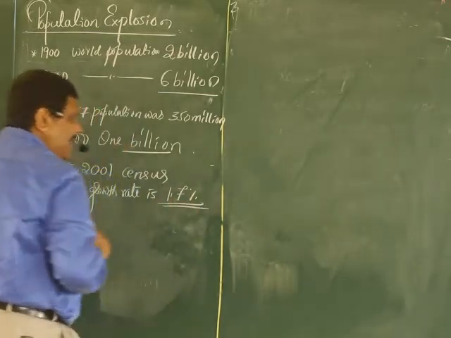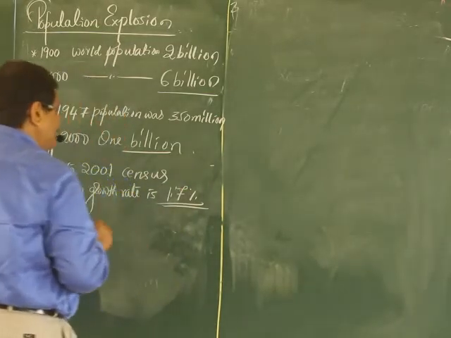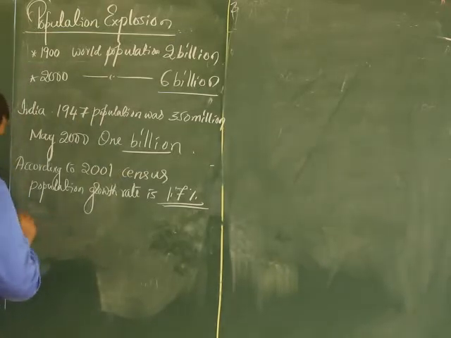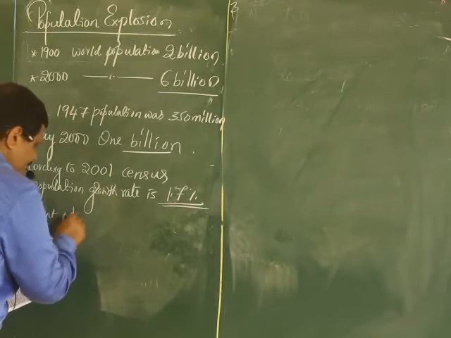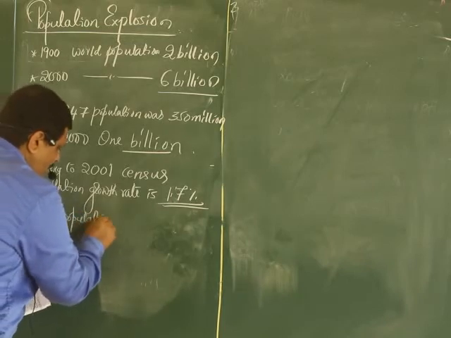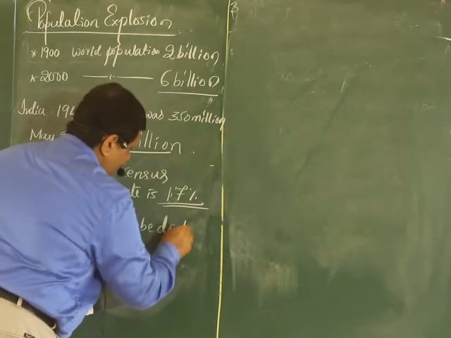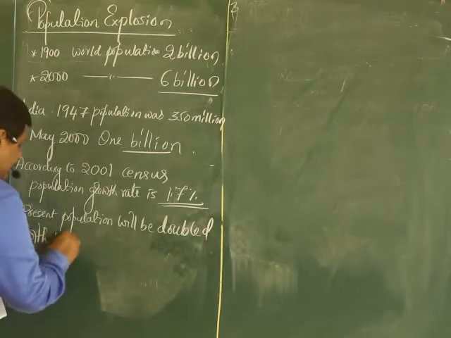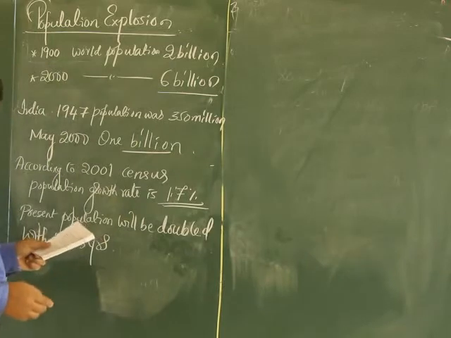Even it is not less. If our population grows at this rate, our present population will be doubled within 33 years.